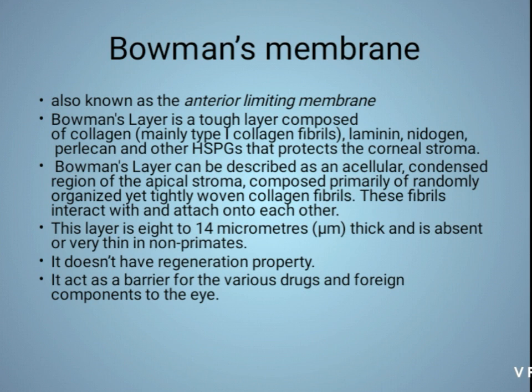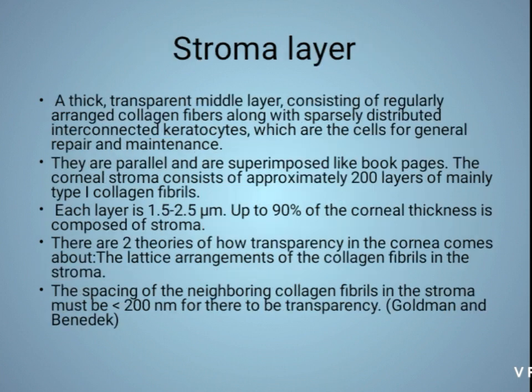It does not have the regeneration property. Once Bowman's membrane is damaged, it cannot be regenerated like our epithelium. It acts as a barrier for various drugs and foreign components to the eye.